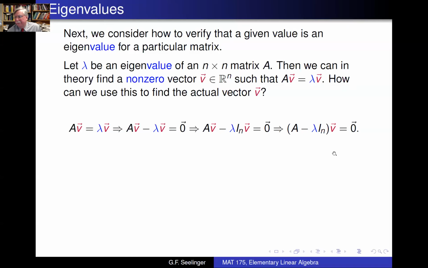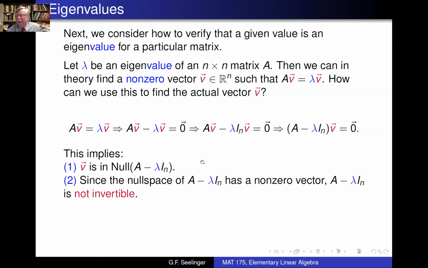But here's again where we talk about non-zero. What does that mean? Well, that means v is in the null space of this matrix, A minus lambda I. So this null space has something that's not 0 in it because v is not 0.